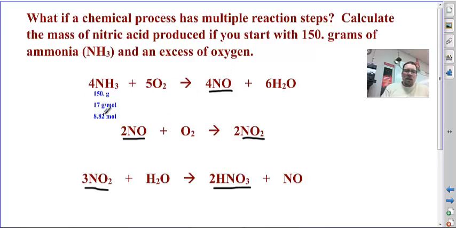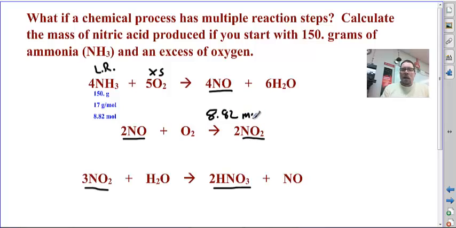Now, here's what I know. I made 8.82 moles. They have the same coefficient, so that's going to be 8.82 moles also. That is all when this runs out, because the oxygen here is my excess. Here's my limiting reactant. So when all the ammonia runs out, all 8.82 moles, I will have produced, let's say we do it perfectly, 8.82 moles here.